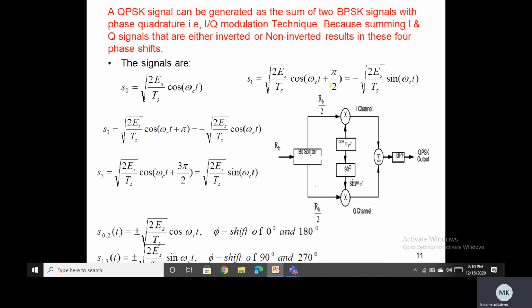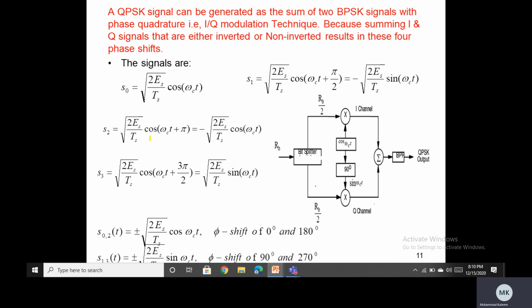We know that cos 90 is 0. So after working out cos of omega t plus pi over 2, if we write it in sine form, a negative sign will come on this, okay. And then the third symbol S2 is 90 degree different from the second symbol. So there's a 90 degree phase shift between these two symbols, S0 and S1.